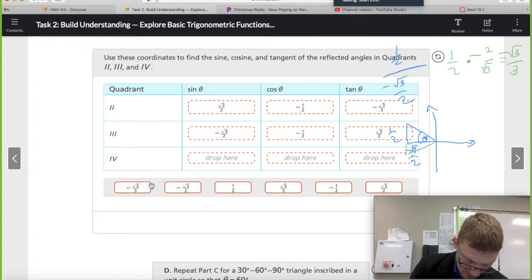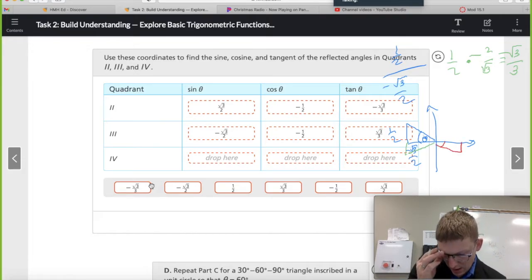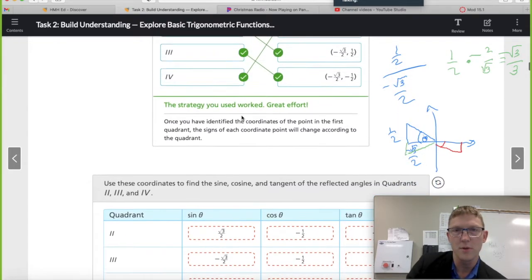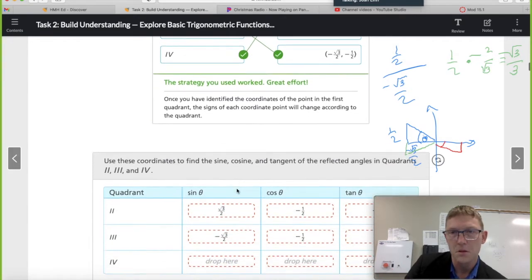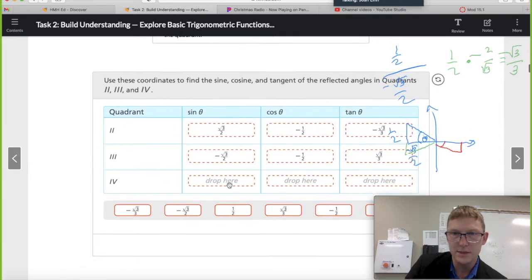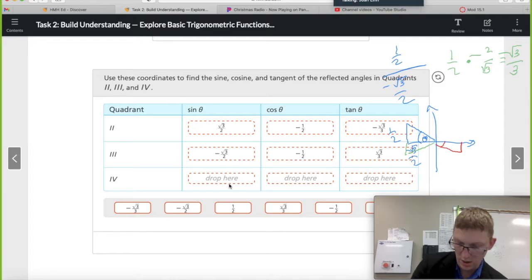And then quadrant 4. So again, our x is going to be, losing my focus a little bit here. Our x is still going to be square root of 3 over 3.